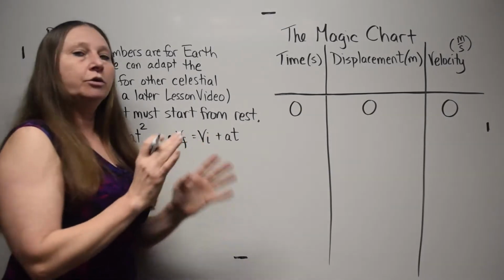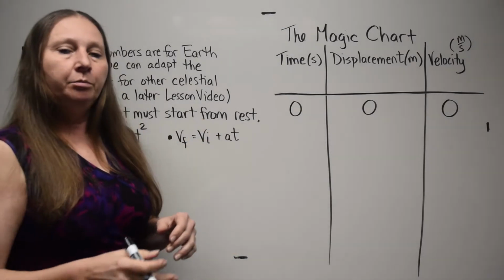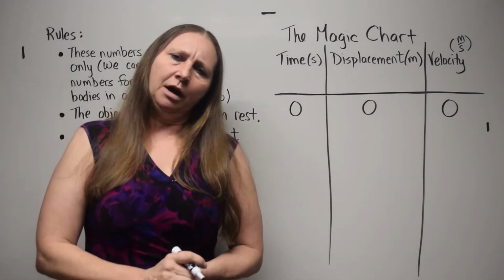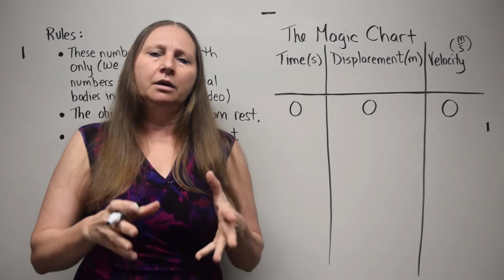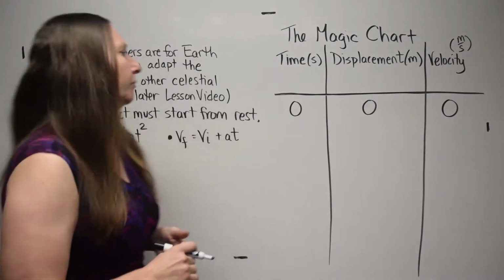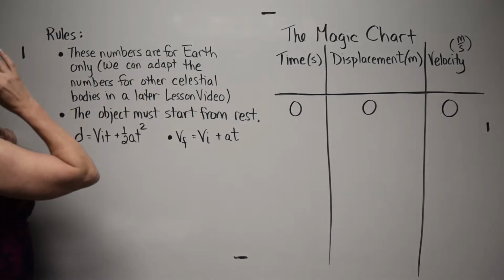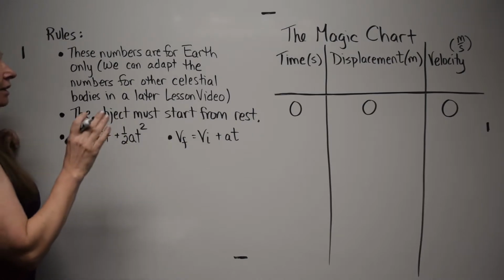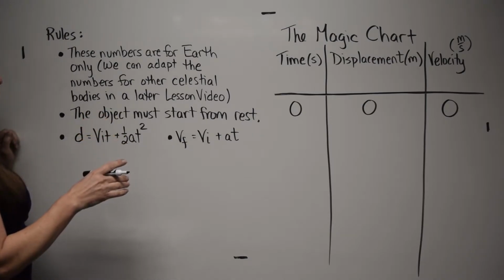These numbers are for Earth only. But 95% of the problems that you do in physics are going to be for objects on the Earth. Now, we can adapt the numbers for other celestial bodies in a later lesson video.